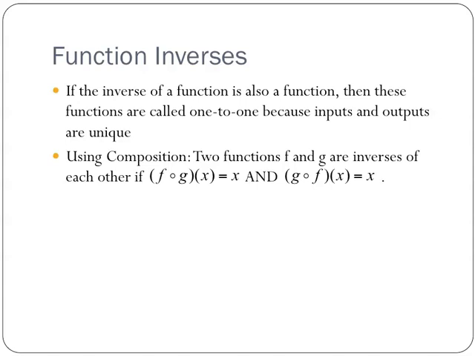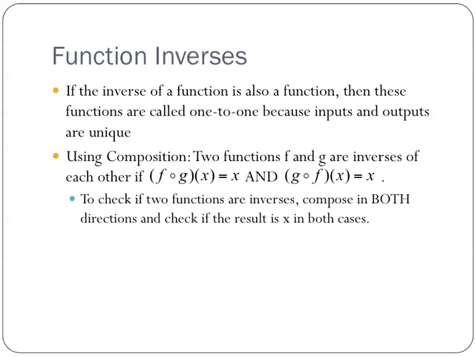Now the reason this works is because you're plugging in some value x into your function g, and you get some y value. And if f is in fact the inverse, then it should take that y value and spit back out the x value. And if it is in fact a function, then you are only going to get one possibility for that output. Otherwise, you would have multiple outputs and you would no longer be able to say that the function is one-to-one.